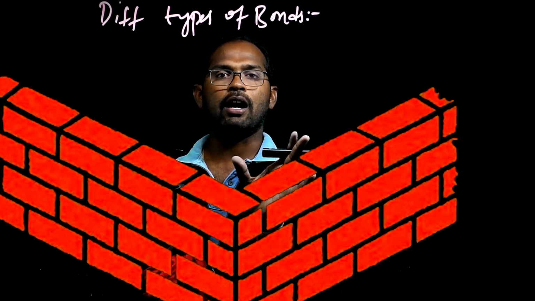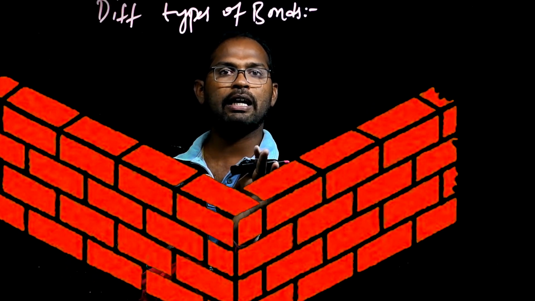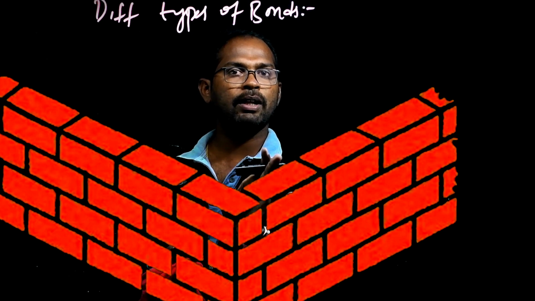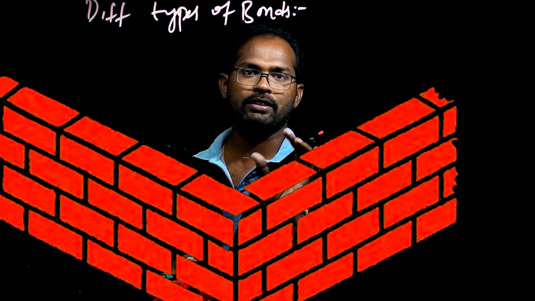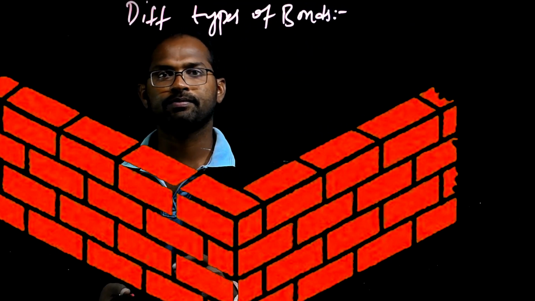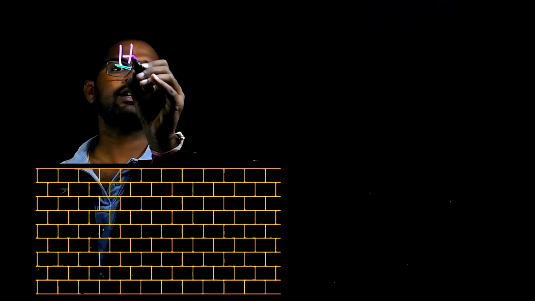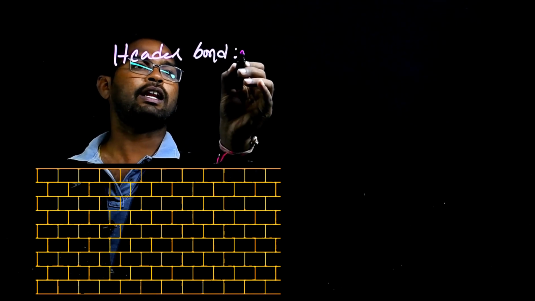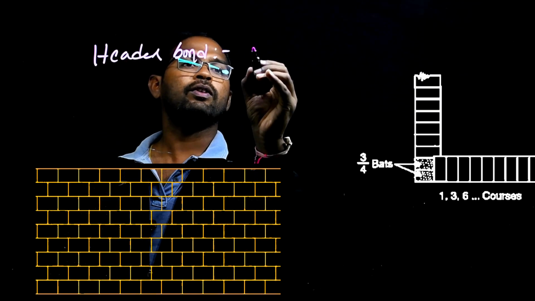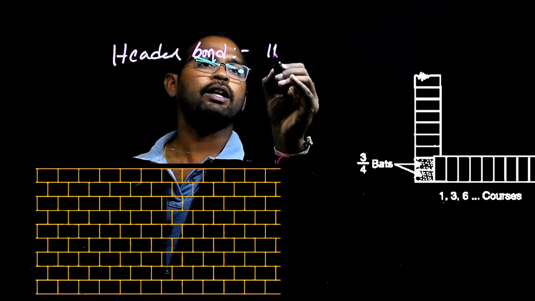In this animated diagram, the face of the brick is all arranged with stretcher faces. So next one is header bond. In this bond we are arranging the bricks with headers only.